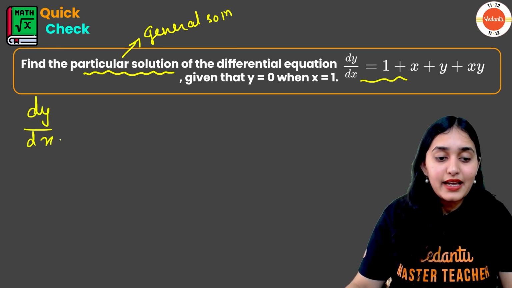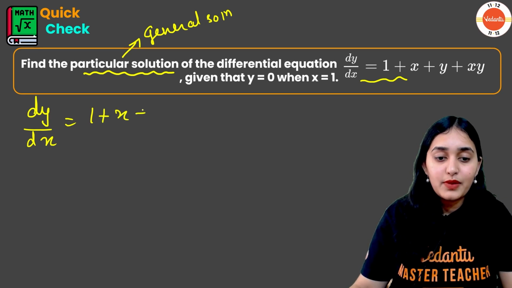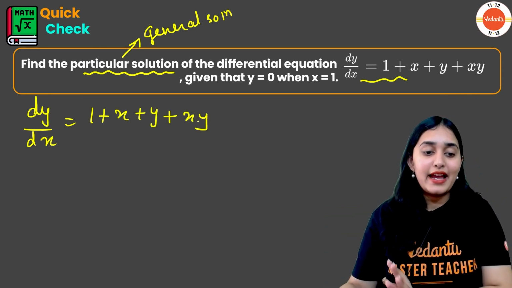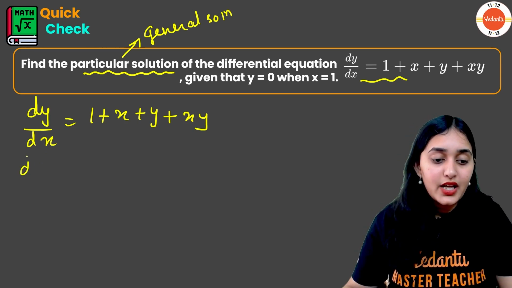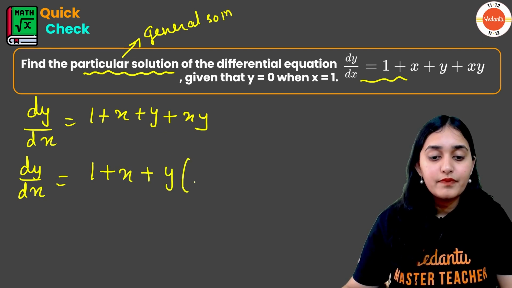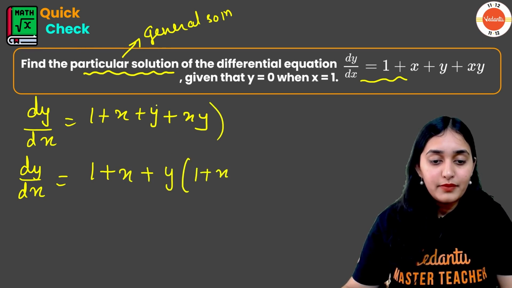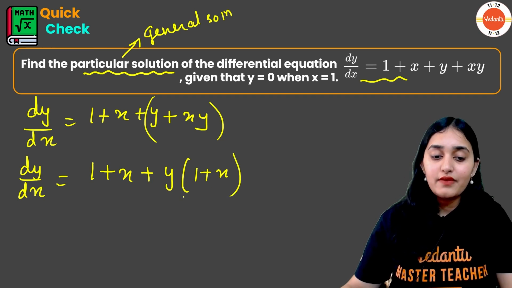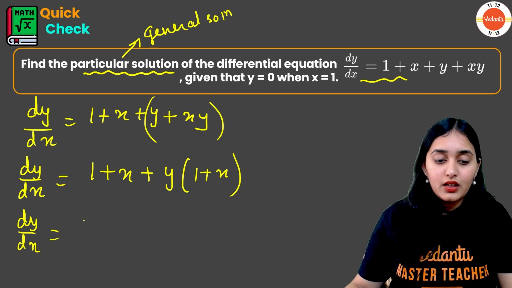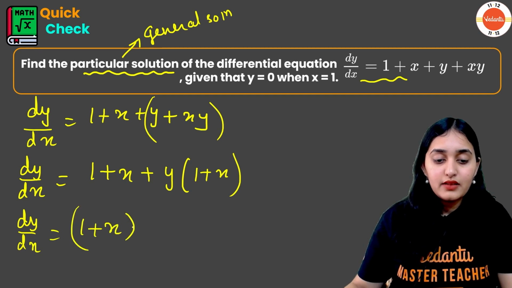dy by dx is equal to 1 plus x plus y plus xy. Separate x and y. Try to separate them. dy by dx is 1 plus x plus y, common 1 plus x. From this, if I take y common, I'll get 1 plus x. Again, I'll take 1 plus x common.